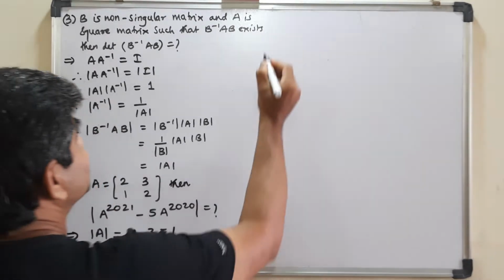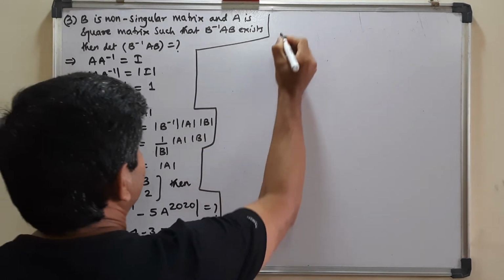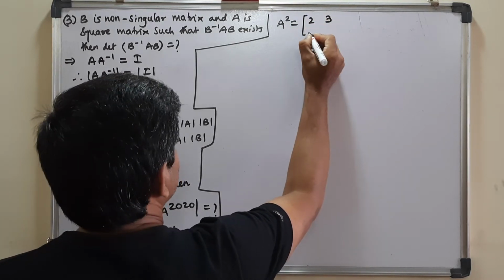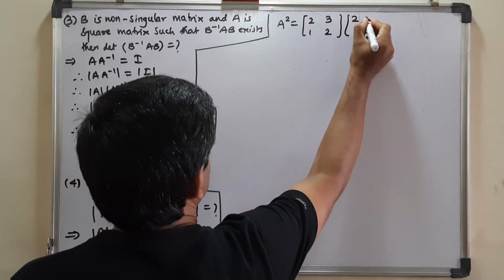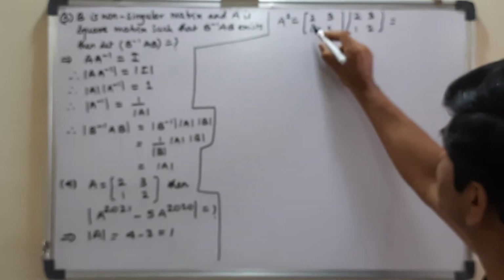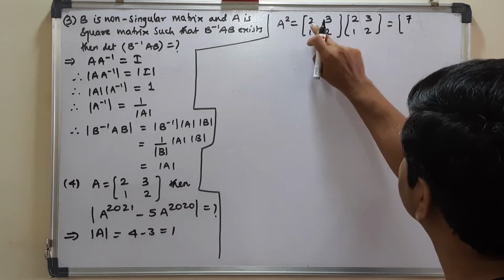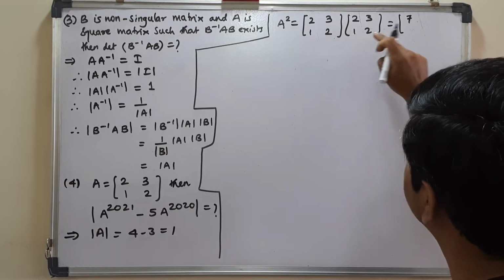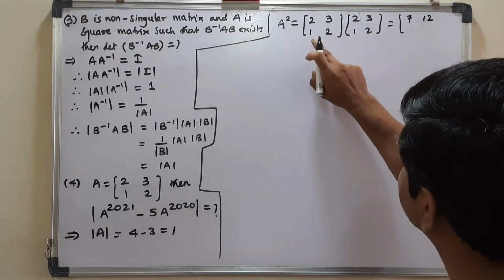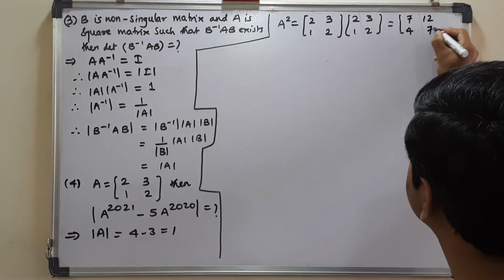Now, for the purpose of finding, let me find A square. A square will be [2, 3; 1, 2] times [2, 3; 1, 2], which becomes: 2 twos are 4, 4 plus 3 is 7; 6 plus 6 is 12; 2 plus 2 is 4; 3 plus 4 is 7.